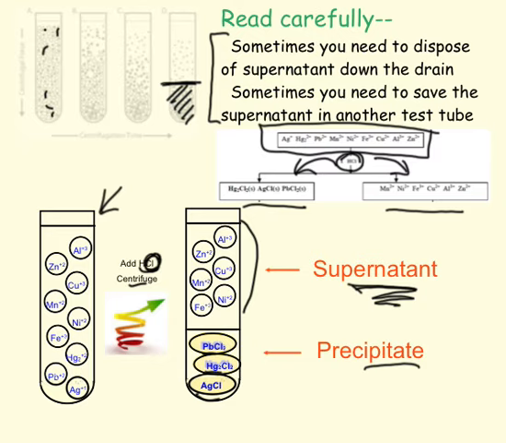So I think that spells it out there. Another thing about decanting this, it oftentimes says to save the supernatant. Really that's just a matter of pouring off or decanting. So that's just putting it into another test tube for you to be able to work with later.